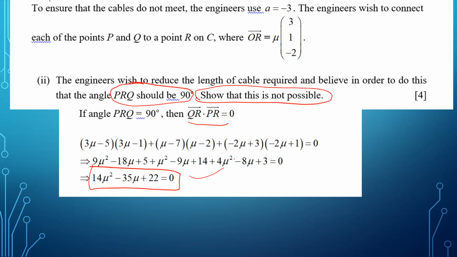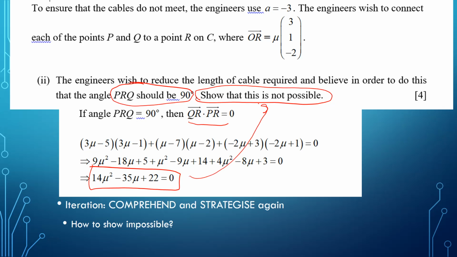But then, how to show that it is impossible? How do I show that it is impossible? So you need to think again. Activate again other strategies, maybe from secondary school or whatsoever. And then you need to think, I cannot solve the equation. Equation cannot be solved will then mean there are no real roots. When there are no real roots, how can that happen?